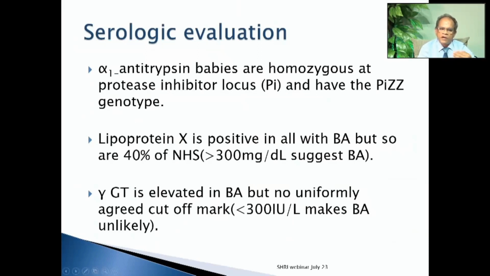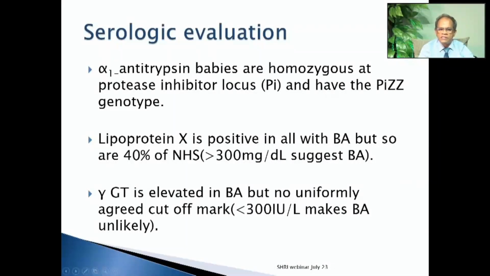So therefore it is not diagnostic. You can't positively confirm a diagnosis of biliary atresia, but if the levels are very high, usually about 300 milligrams, it is much more in favor of biliary atresia than neonatal hepatitis.